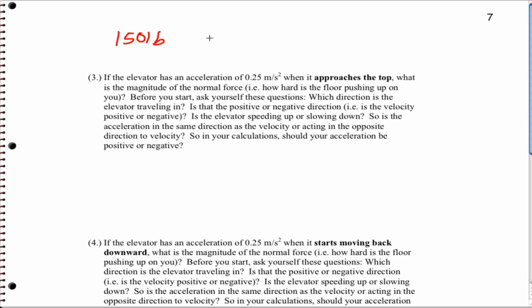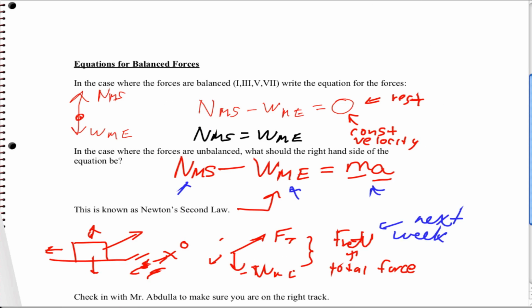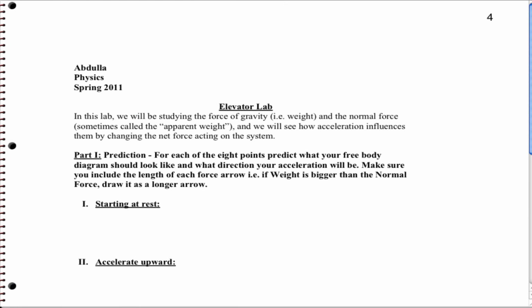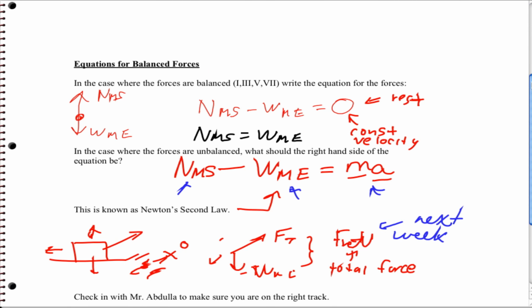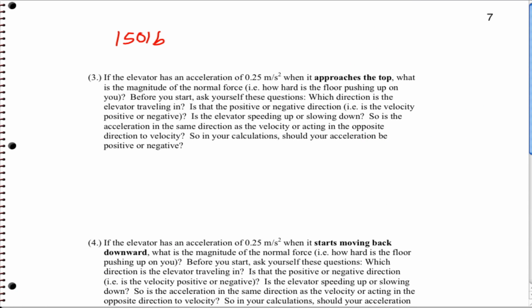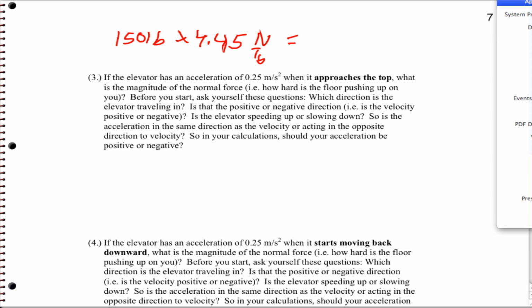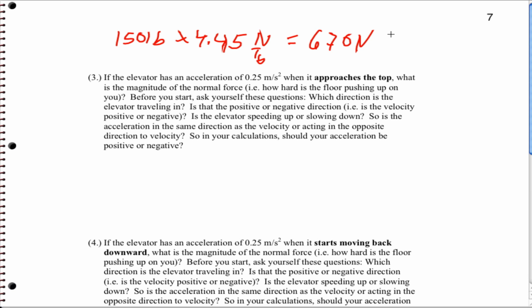And when we use the conversion that Mr. Farrell gave us, I think it's 4.45 newtons per pound. So 150 pounds times 4.45 newtons per pound is going to give me about 670 newtons of weight.